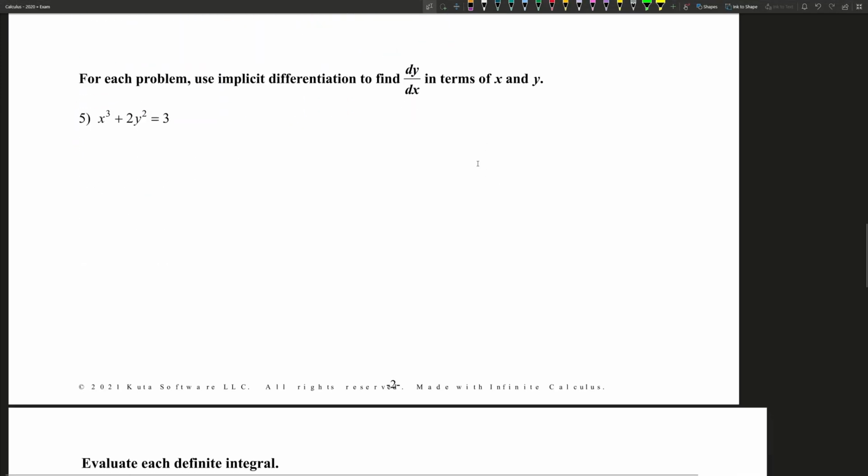All right, so number 5, for each problem, use implicit differentiation to find dy dx in terms of x and y. Okay, so this is essentially just the chain rule, right? So we take the derivative of each of these things in terms of x, and we'll get our answer, right? So if we take the derivative of x cubed, and I guess I can set this up.